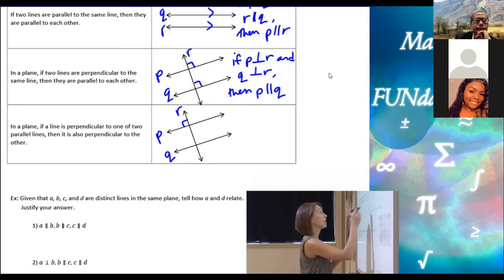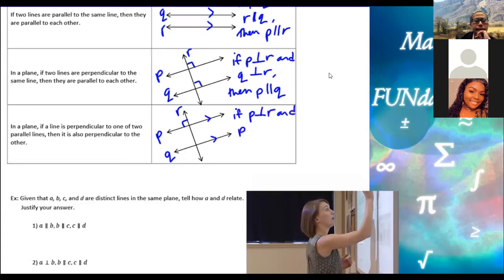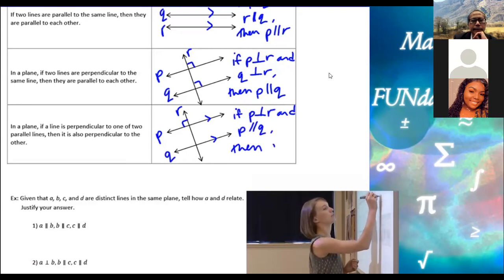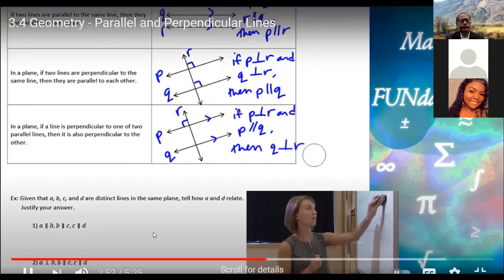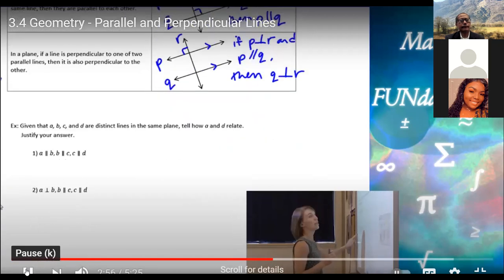So if R is perpendicular to P and P is parallel to Q, then what can we say about Q and R? Well, Q and R have to be perpendicular. Q is perpendicular to R. All right, so let's look at a couple examples here.